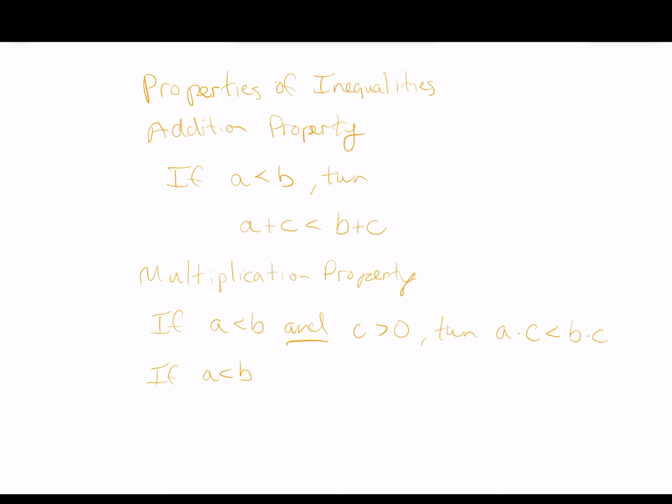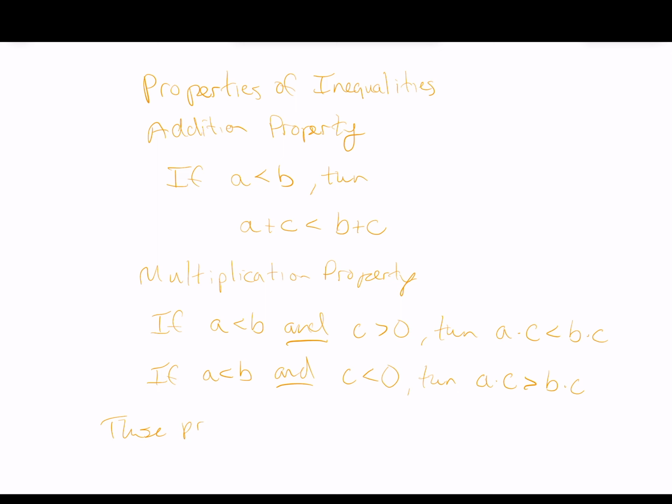If A is less than B and C is less than 0, then A times C is actually greater than B times C. Because that means that A times C is multiplying by a negative number, just like B times C is. So that flips our inequality symbol.